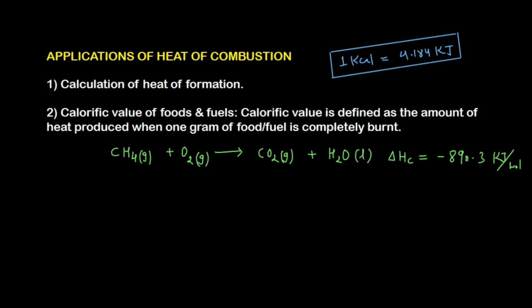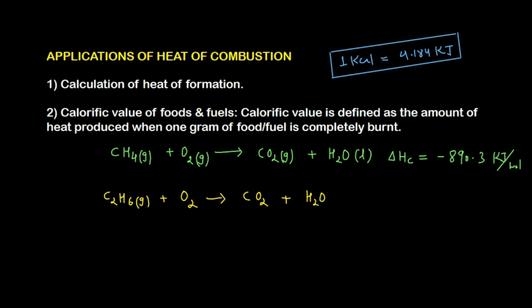Now suppose next you have the compound C2H6, which is ethane gas. You are reacting it with a sufficient supply of oxygen, O2, and forming products, which are always carbon dioxide and water.